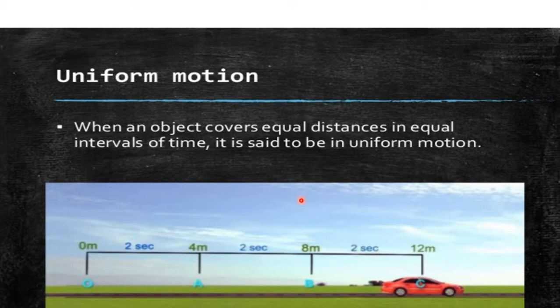So I can explain that when an object, or it may be body, it may be plane, it may be cycle, covers equal distance in equal interval of time, remember friends, equal distance and equal interval of time, it is said to be uniform motion. I'll give you one more example.